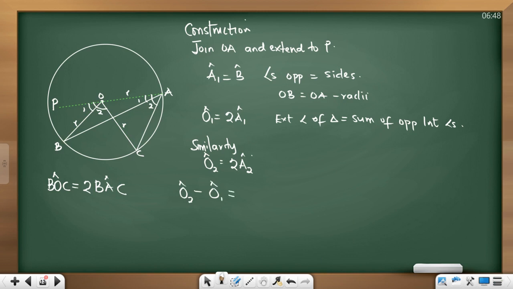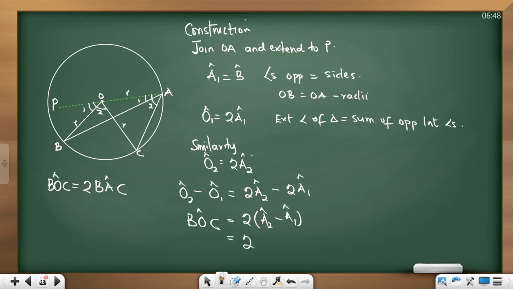What is O2, by the way? 2A2. What is O1? 2A1. Okay, this is going to look interesting. Now, what is O2 minus O1? That gives me BOC. 2 into A2 minus A1, if I factorize 2 there.